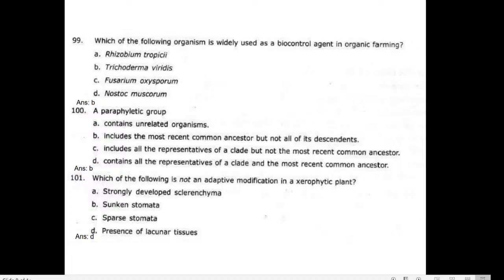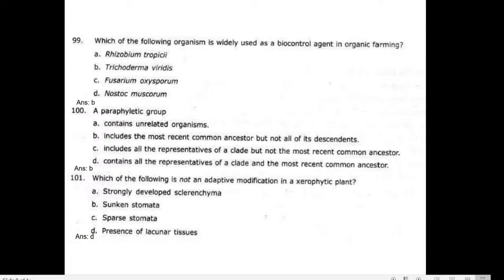In that favored environment some microorganisms are able to grow, which is helpful for organic farming. The organism widely used as a biocontrol agent in organic farming is Trichoderma viridis.